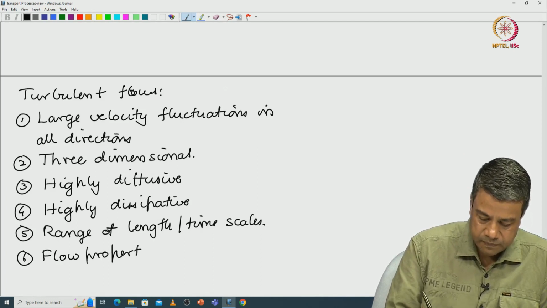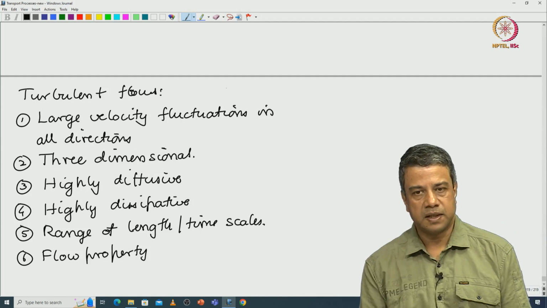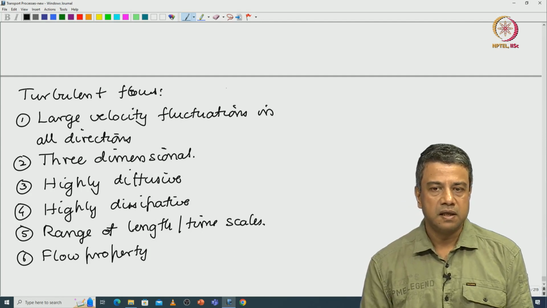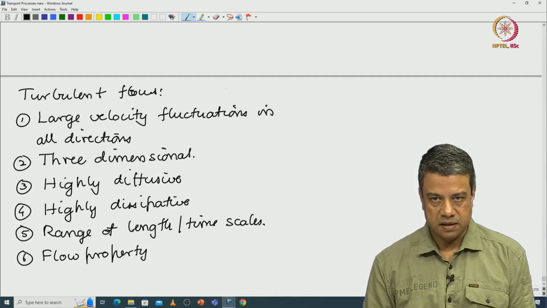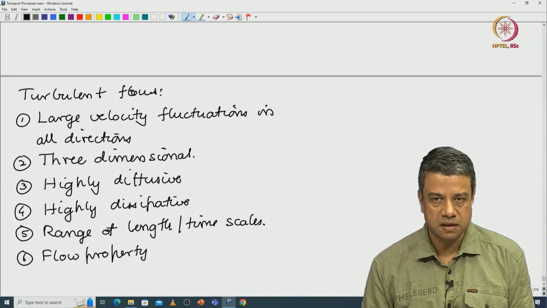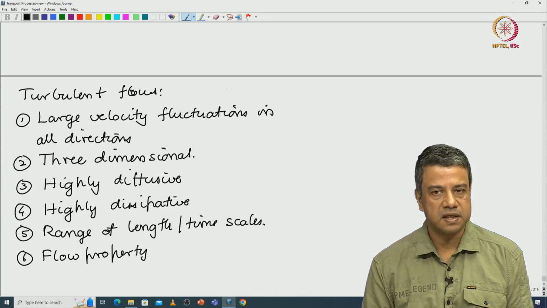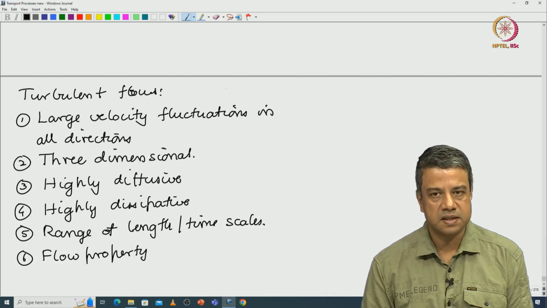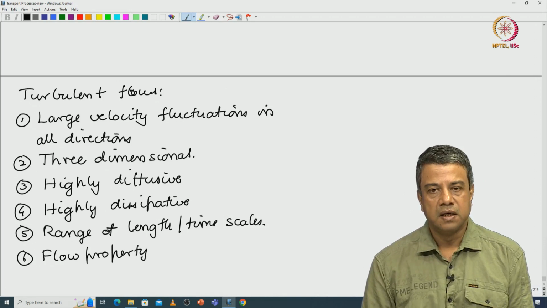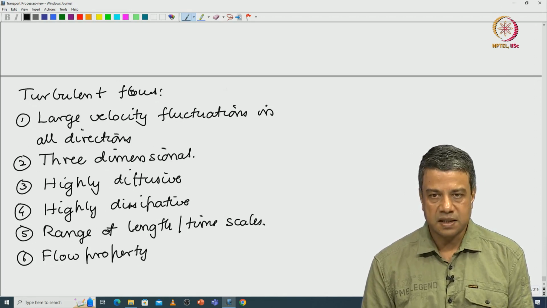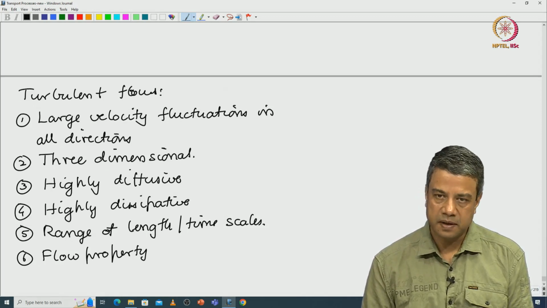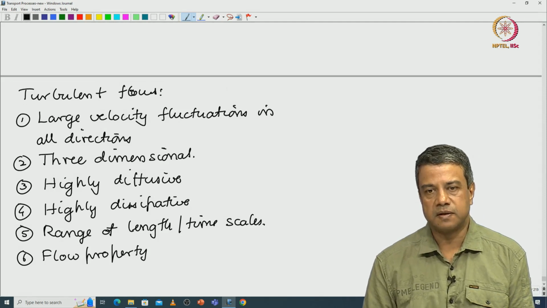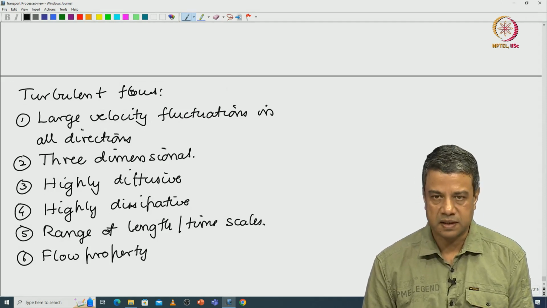What I mean by that is that even the smallest eddies, the size of those is much larger than the molecular sizes. So, in that sense it is a flow property. The large scales in a turbulent flow will be independent of the viscosity of the fluid, independent of the molecular size, molecular length scale.